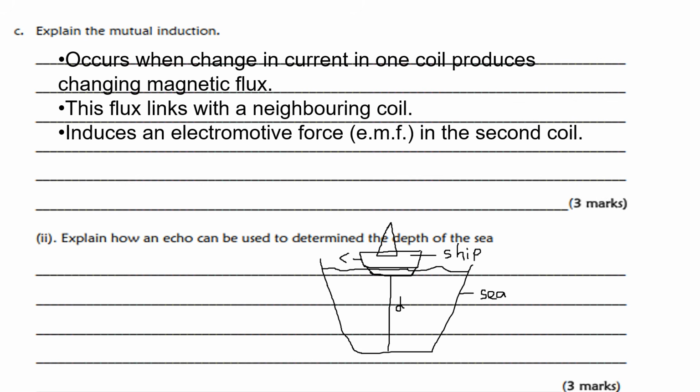All right. So how do we determine? Explain how an echo can be used to determine how deep this is. Remember that an echo is a reflected sound. So how can sound from the ship be used to determine how deep this is? Okay.